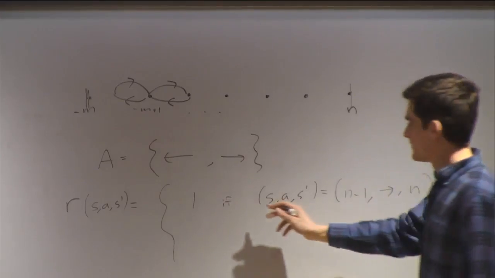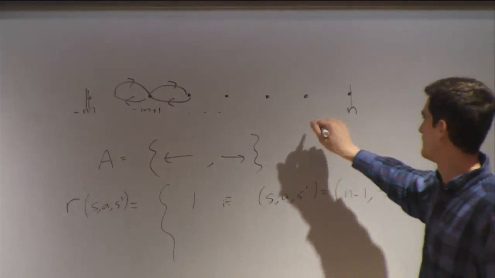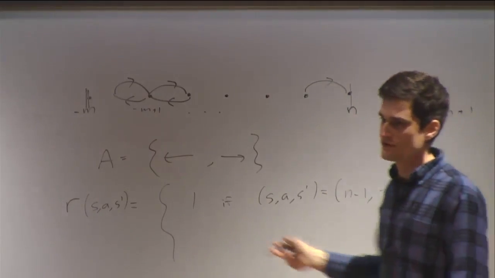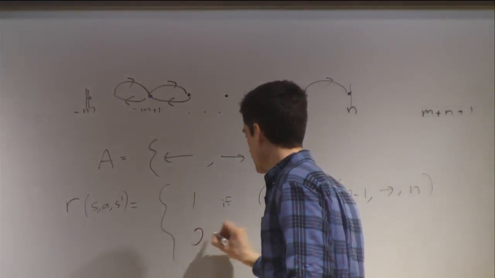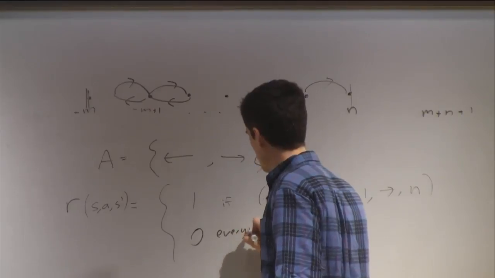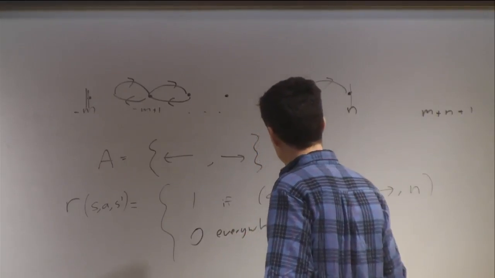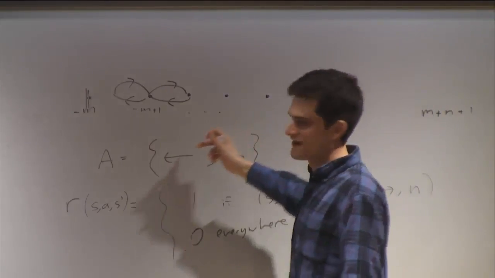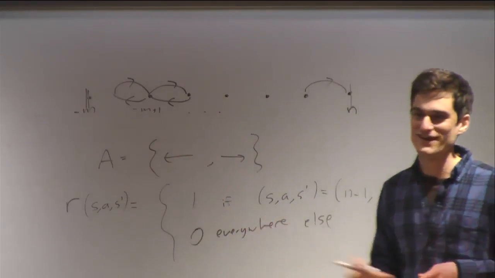So that means you get a reward of 1 if you do this last transition and get stuck on the right side, but you get a reward of 0 everywhere else. So the optimal policy here is just to always go to the right. It's pretty simple.